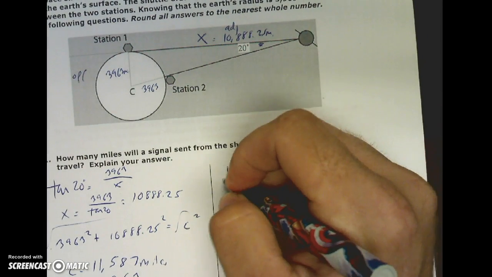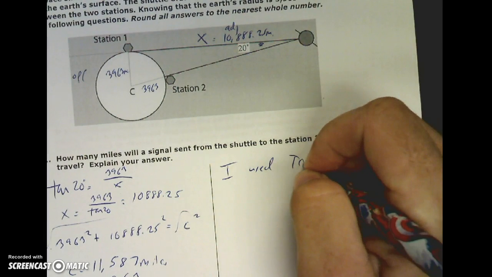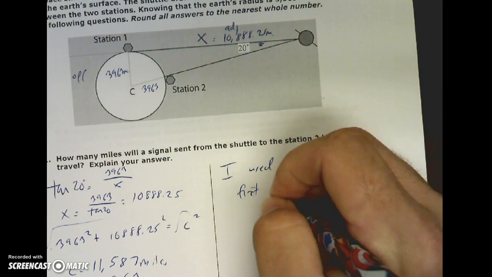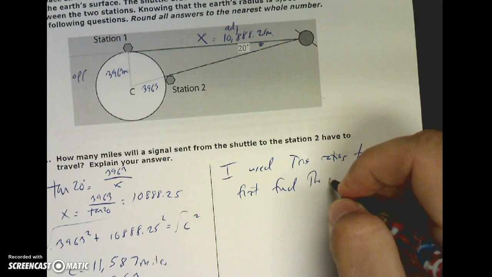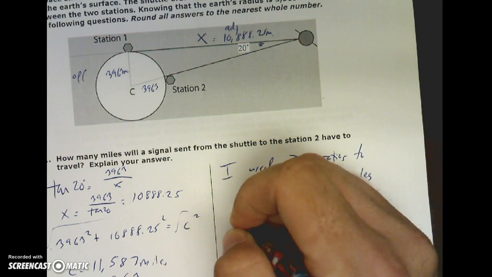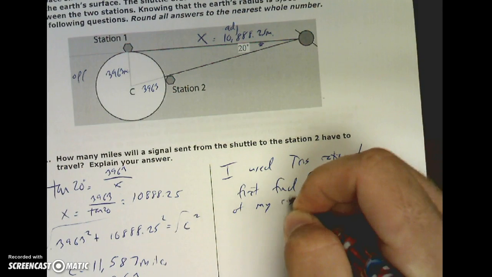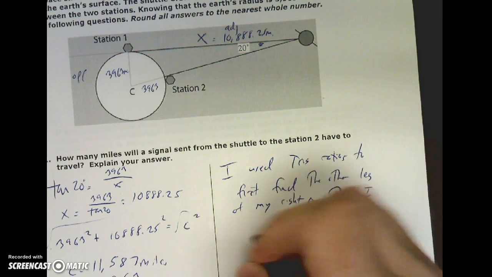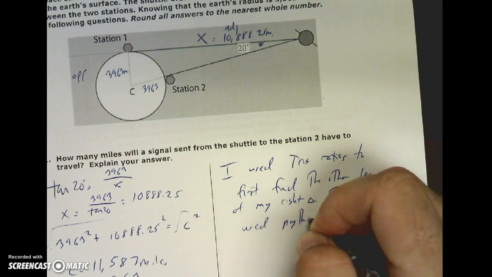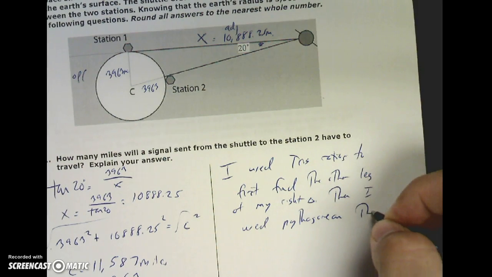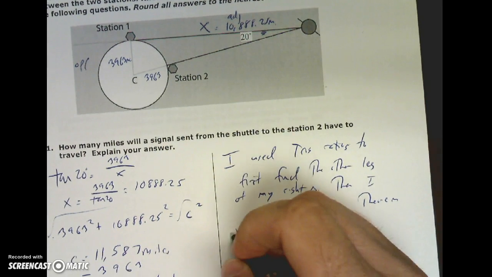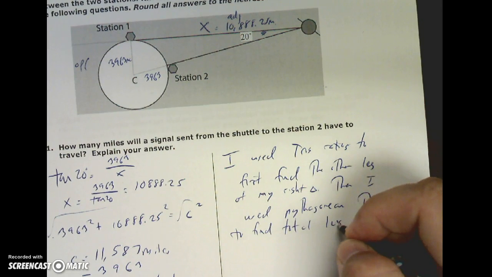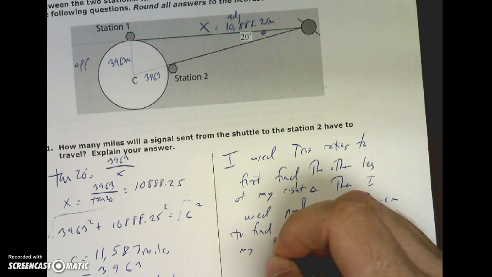So, I used trig ratios to first find the other leg of my right triangle. Okay? Then I used Pythagorean theorem to find the total length of my hypotenuse.